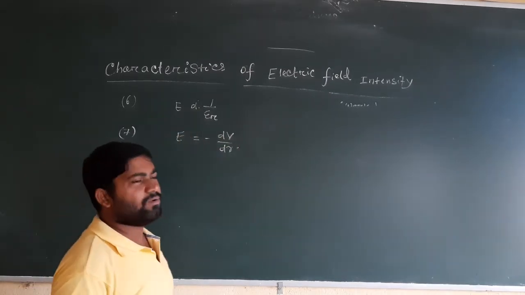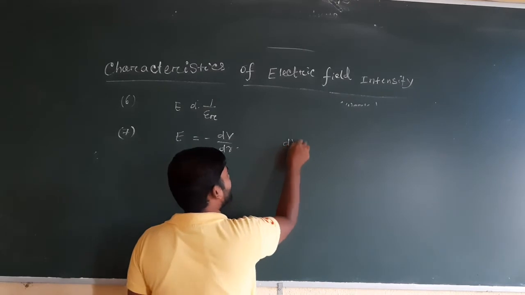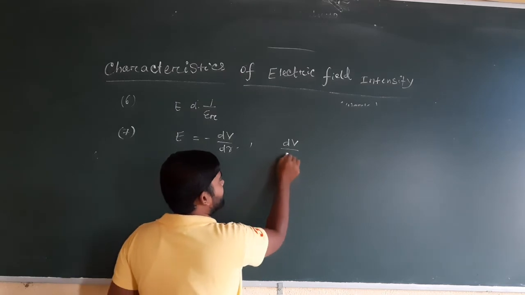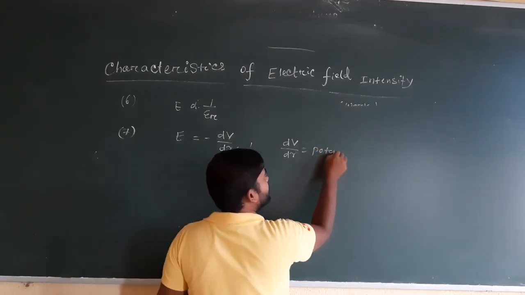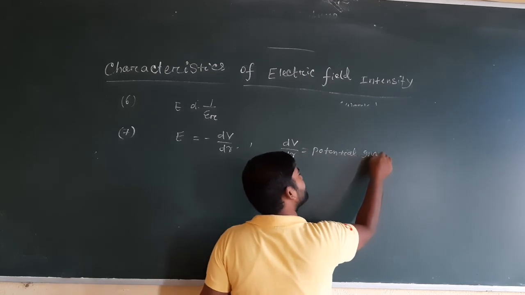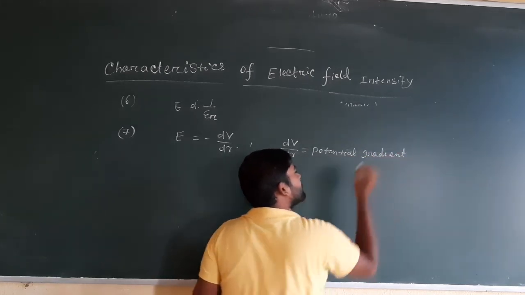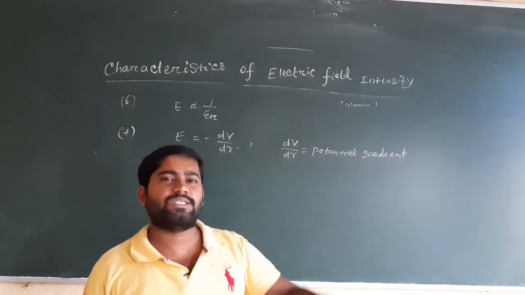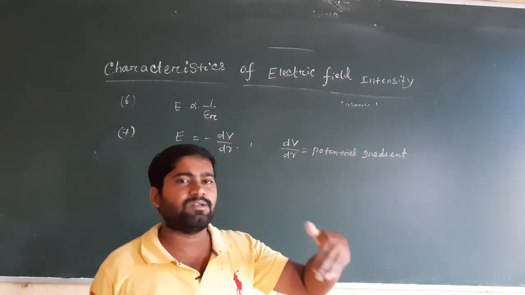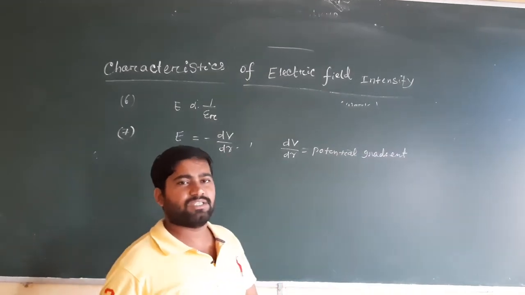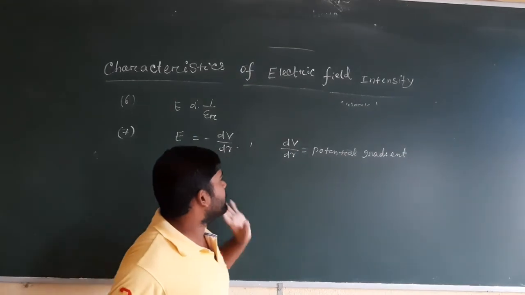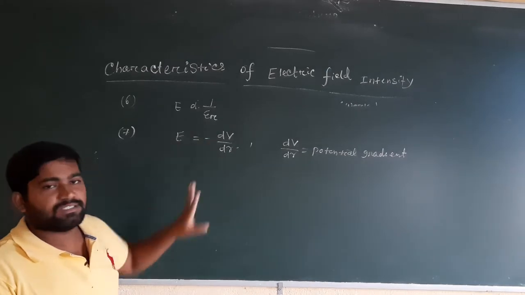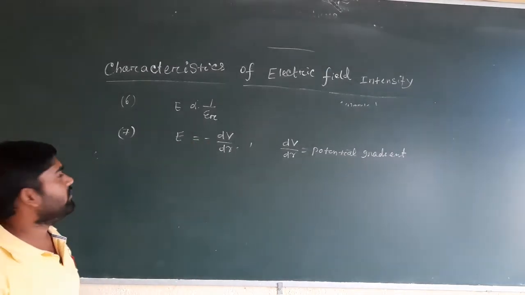E equal to minus dV by dr. So, electric field intensity is negative potential gradient, dV by dr, that is called potential gradient. The variation of potential with a small change in distance is called potential gradient. So, E equal to minus dV by dr.